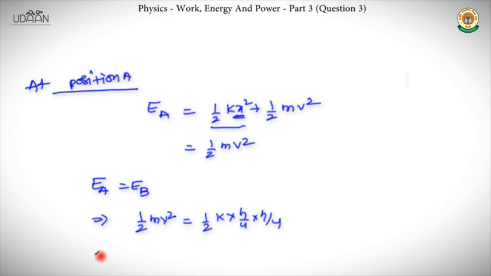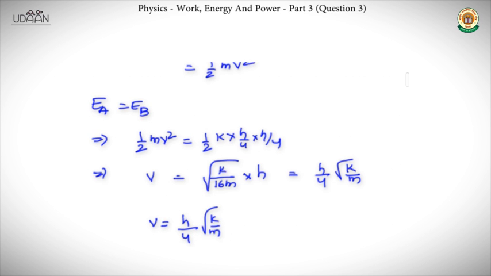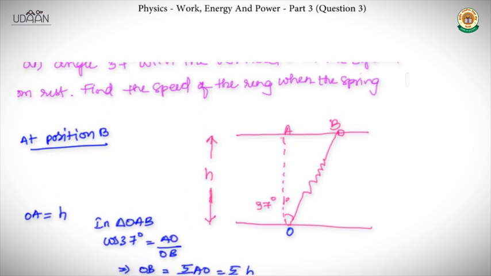From this we will be getting the velocity is equal to under root of k by 16 m into h, which will be equal to h by 4 under root k by m. So in this way, by conservation of energy, we get the velocity of the particle of mass m as h by 4 under root k by m. I think now we have solved the question.